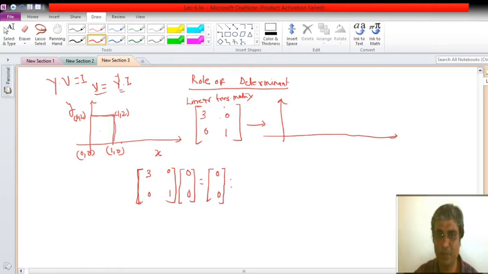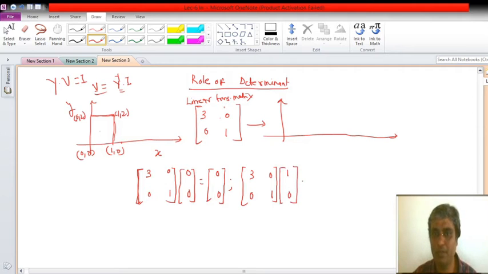Applying it on the point 1 0 gives 3 comma 0.